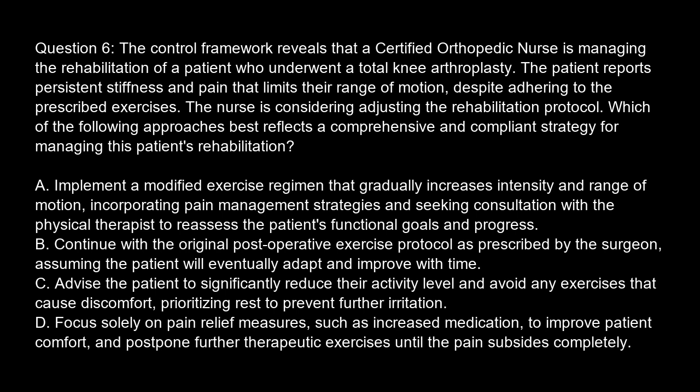Option C. Advise the patient to significantly reduce their activity level and avoid any exercises that cause discomfort, prioritizing rest to prevent further irritation. Option D. Focus solely on pain relief measures, such as increased medication, to improve patient comfort and postpone further therapeutic exercises until the pain subsides completely.